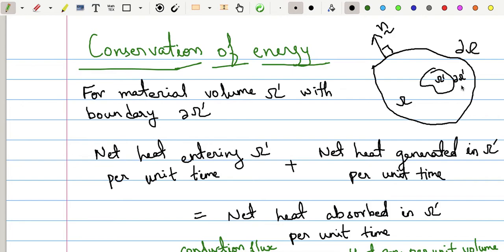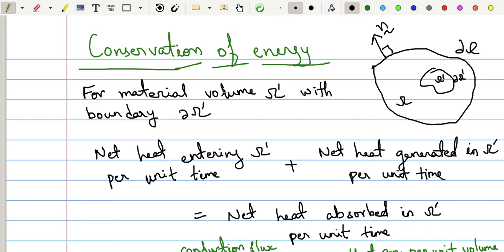Now, what is the conservation of energy statement? For getting the governing PDE for energy balance, we are going to use material volume instead of control volume approach.